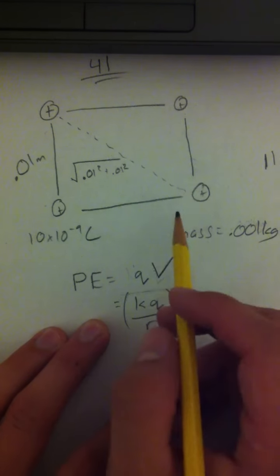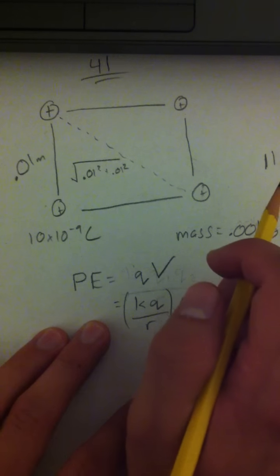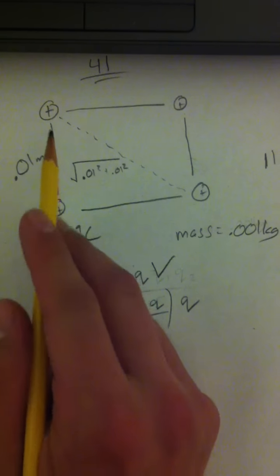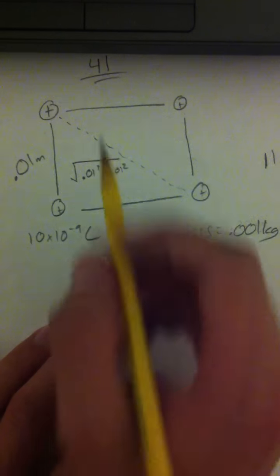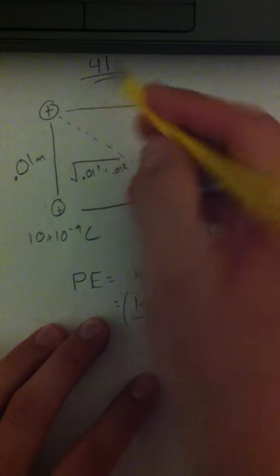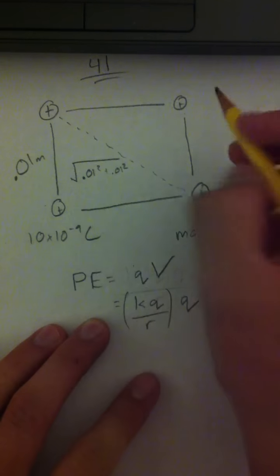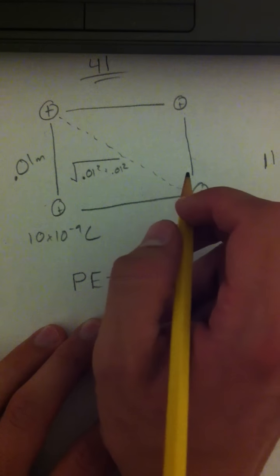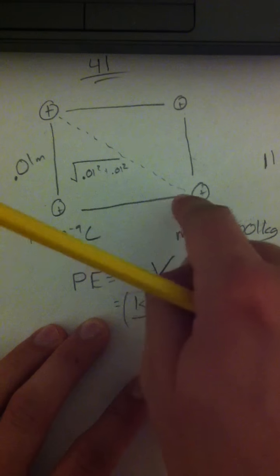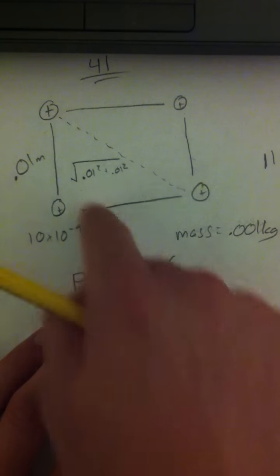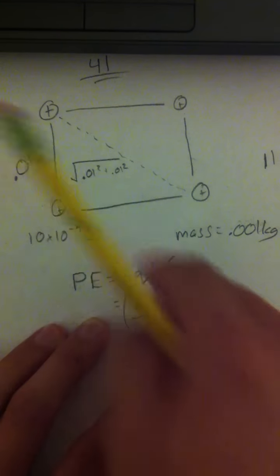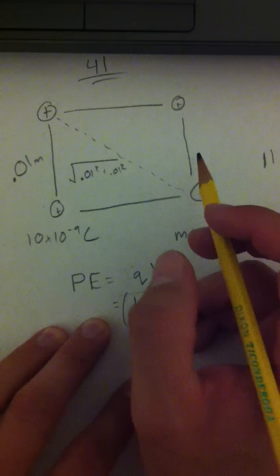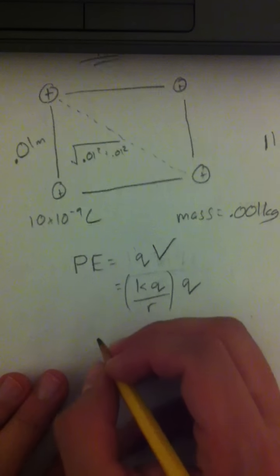The total potential energy of this whole system is going to be the relationship between all of these charges. There's a potential energy between these 2, these 2, and these 2. So that's 4 potential energies that are going to be the same. All we really need to do is find one, multiply by 4, and then we'll have all of those relationships.